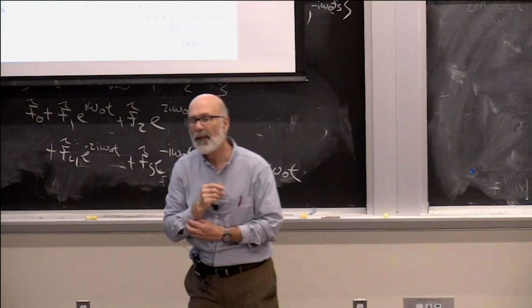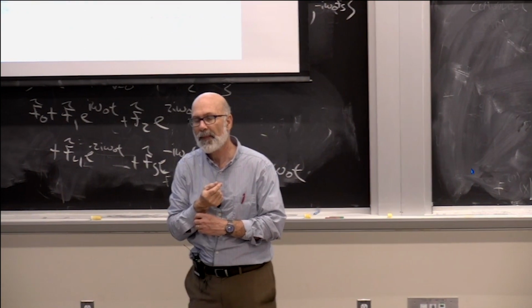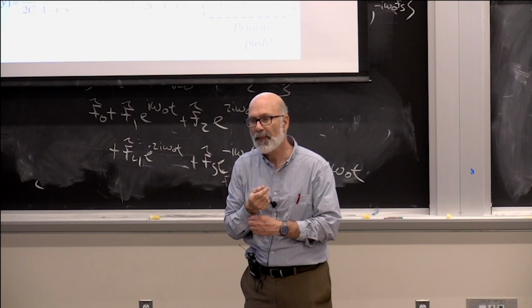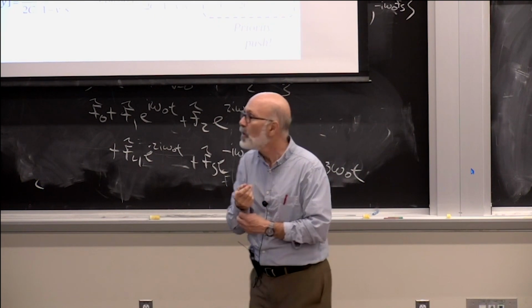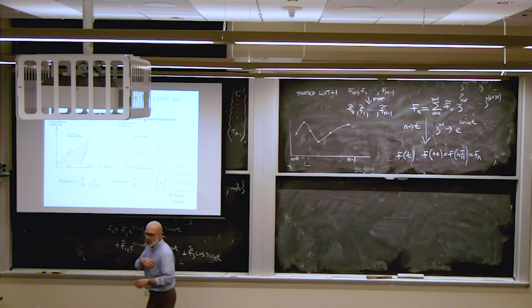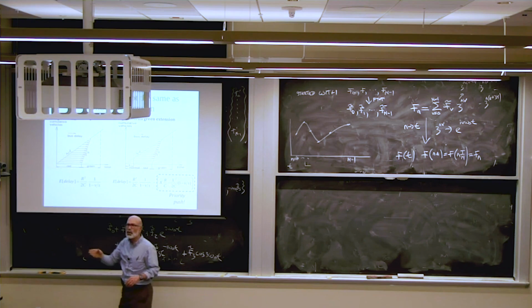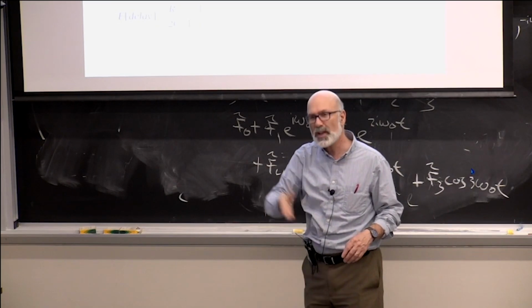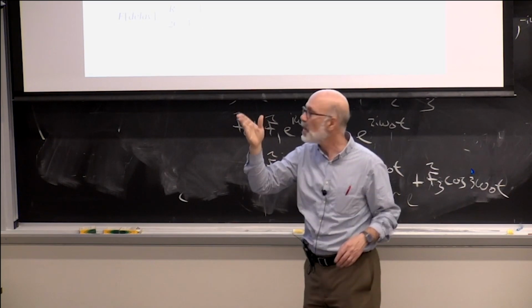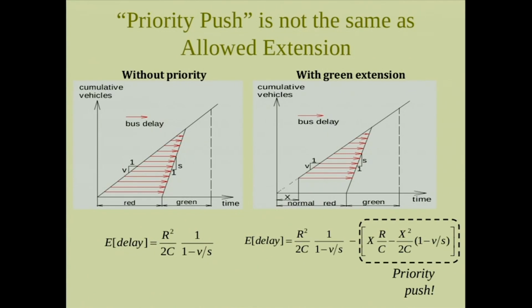In the previous slide, why is the border between red and green slanted up? So this slanting line here represents the cumulative departing cars. So at a certain point in time, the light turns green, and then the first car departs. The second car doesn't depart until about 2 seconds later. The cars follow one another.